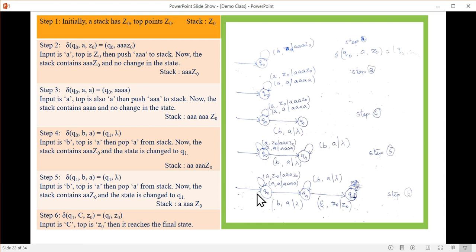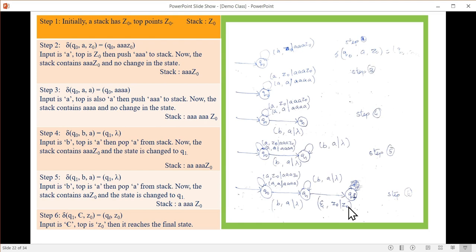Then it reaches the final state, moving from Q1 to QF. So the input is empty, the top of the stack is Z0, and nothing is pushed, so it only contains the Z value.